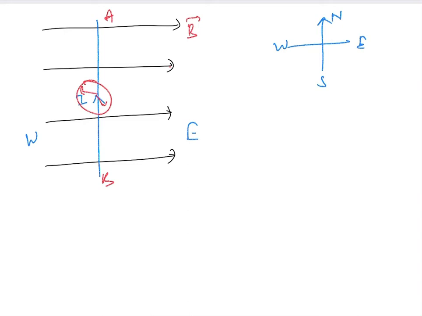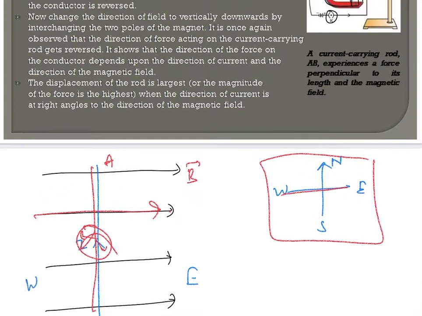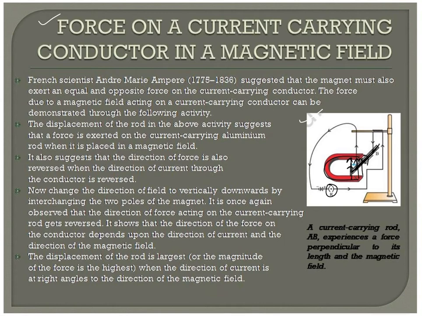But the most important thing is that it will be mutually perpendicular to both the direction of the magnetic field and the direction of current. So we can say that when a current carrying conductor is placed in a uniform magnetic field, it experiences some force.